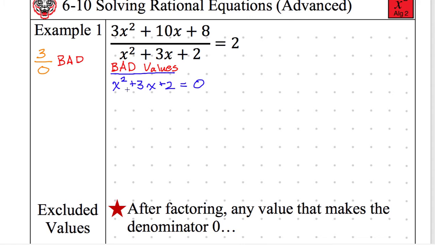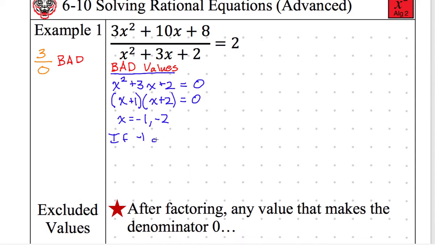Let's go ahead and factor x squared plus 3x plus 2. We did this yesterday. Do it in our heads again. 1 and 2. Yep, x plus 1, x plus 2, set equal to 0. That means my x values are, we can do this in our head as well, x equals -1 and -2. Those are the values that I cannot have. If I get -1 or -2 in my answer, they have to be eliminated. So we can even write this all out in our notes.